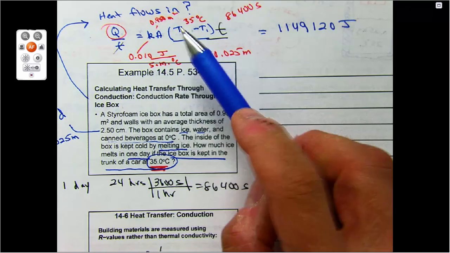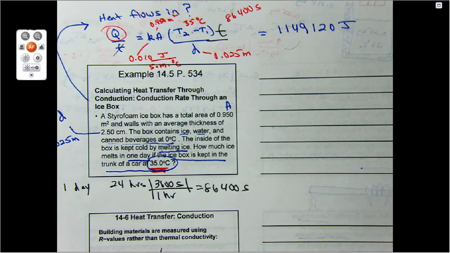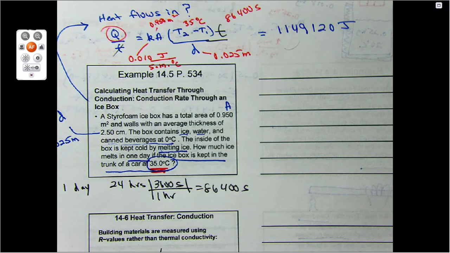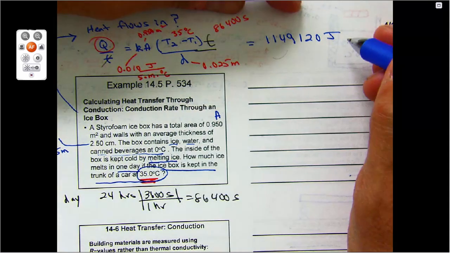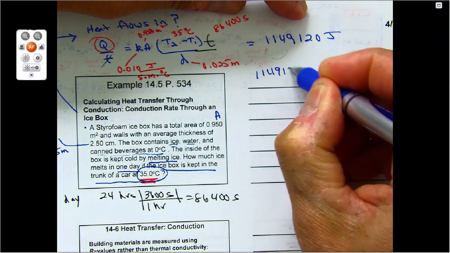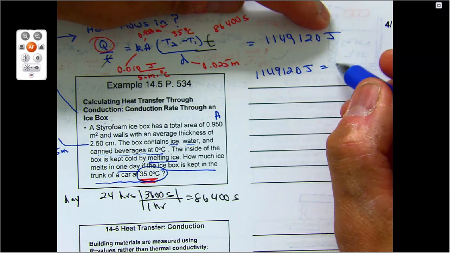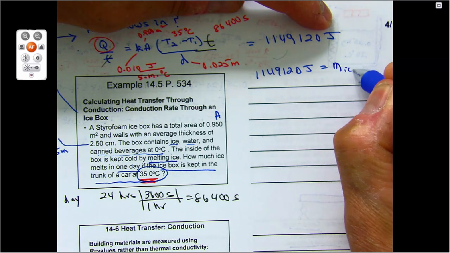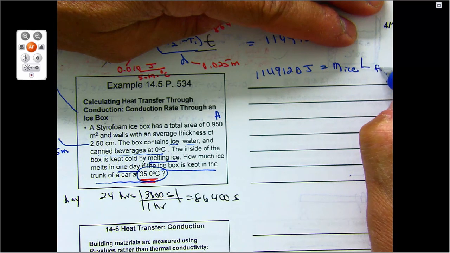Yeah, this change in temperature is the temperature difference between the inside and outside. It's 35 degrees. So now, all of this heat is going to go into melting ice. So is that like finding equilibrium or something?